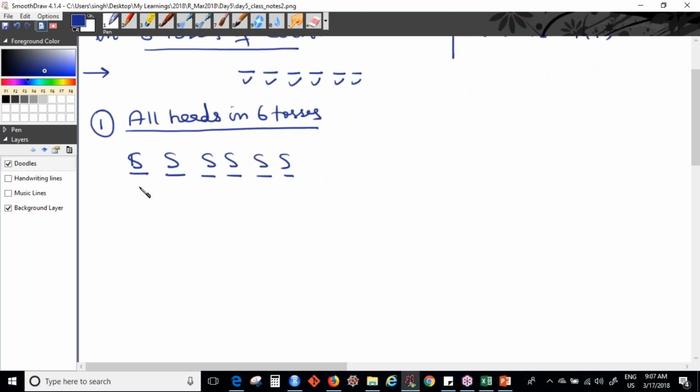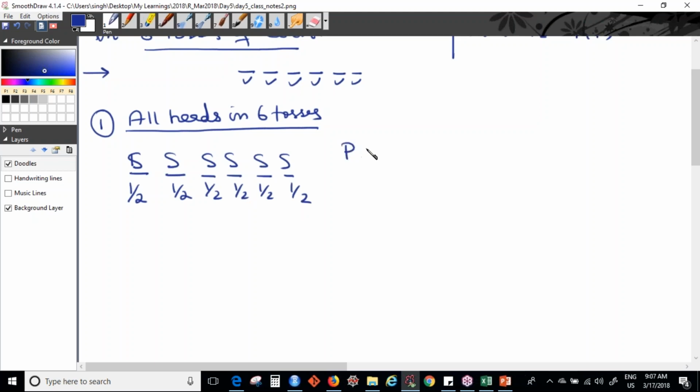So when you toss a coin once, what is the probability of head? Yeah, it's 1 by 2. When you toss the coin the second time, what is the probability of getting a head? Again it is 1 by 2, right? So all these probabilities are 1 by 2.